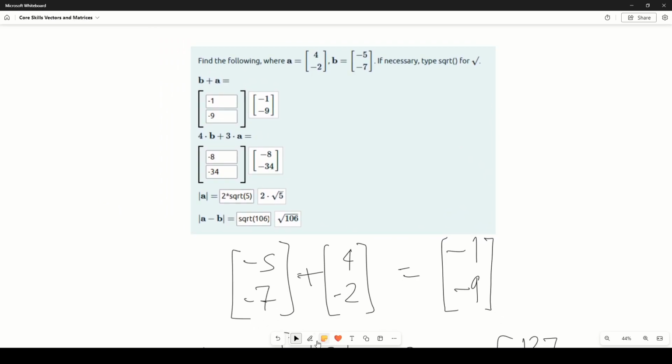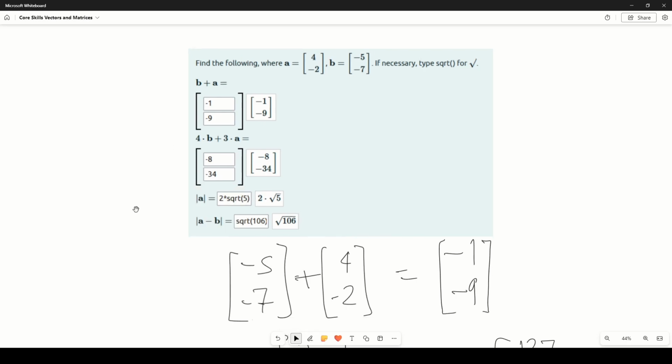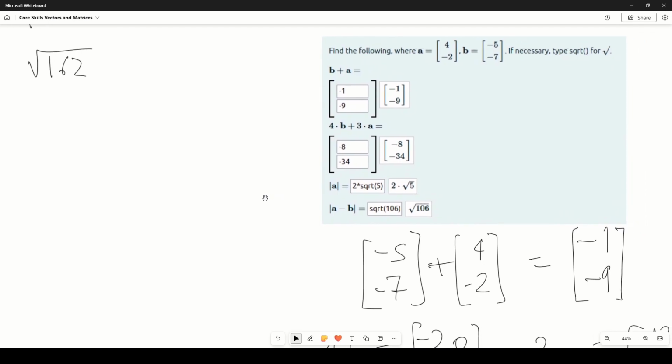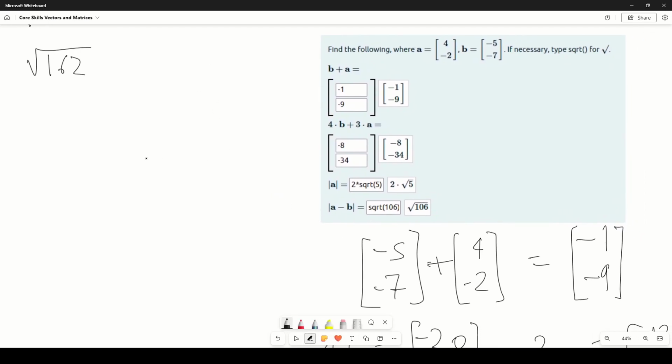And the idea for the magnitude is the exact same as well. I'm not sure if you would still call it the magnitude, but you do the same things. So for the magnitude of A, you're going to do the square root of 4 squared plus minus 2 squared, which should give you... You could just plug this into your calculator.